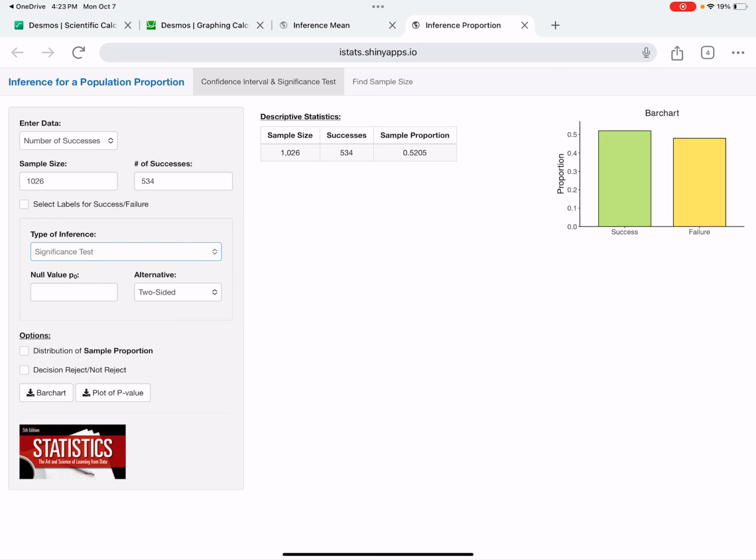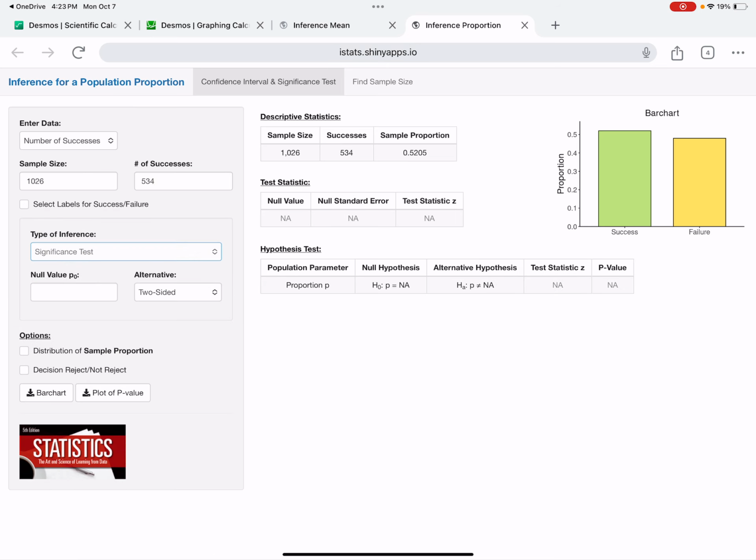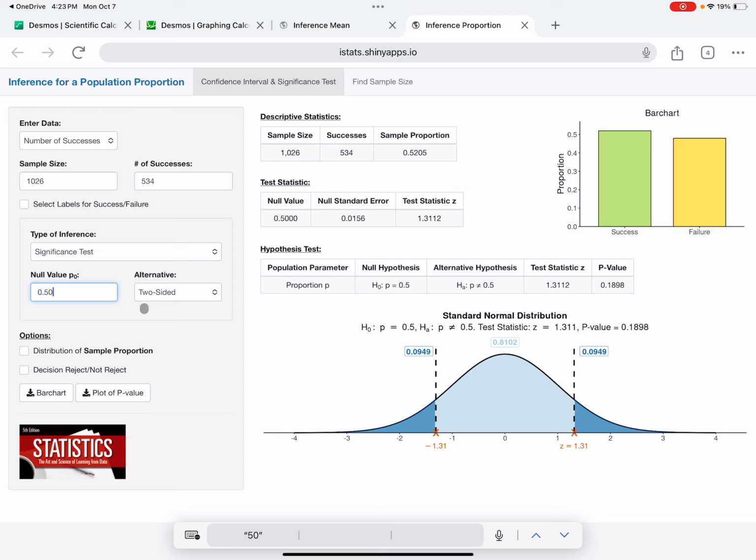I want a significance test. For the null value, my null hypothesis was that the population proportion would be exactly half, 50%. And I didn't want a two-sided one because I wanted to test whether the headline was accurate. In other words, I want to know if more than 50% of people feel this way. Okay, so these are the results I would get. I've got a pretty large p-value here, 0.0949.